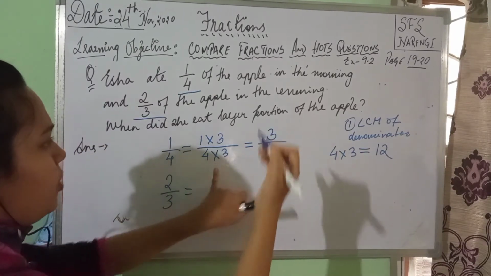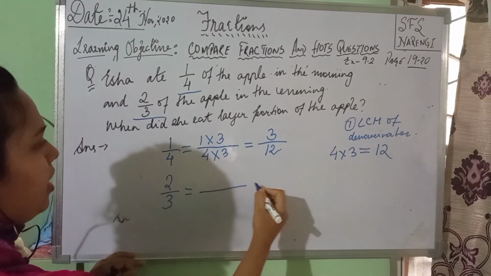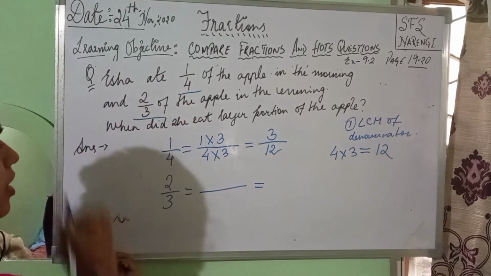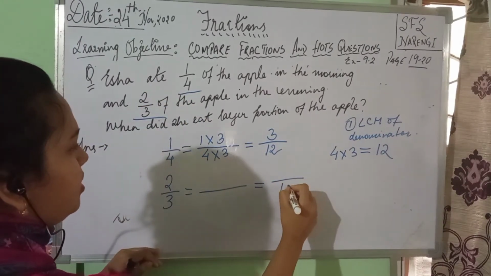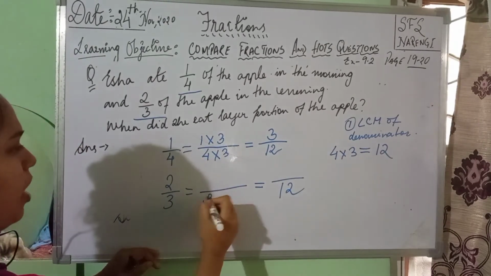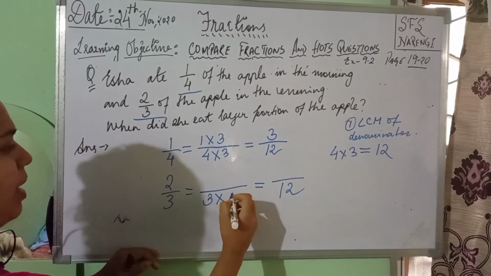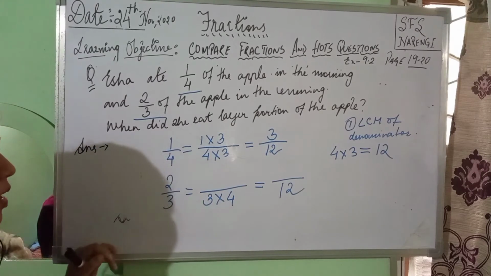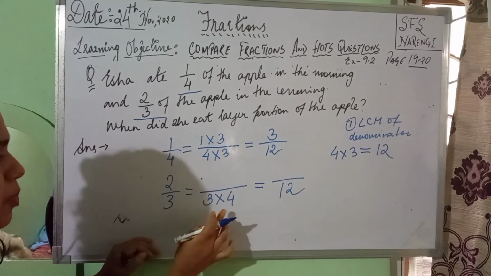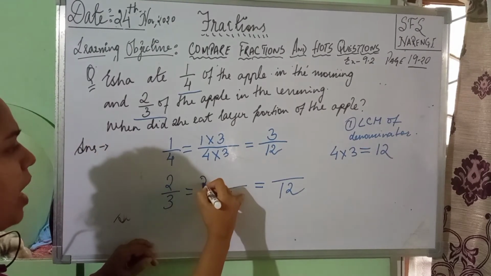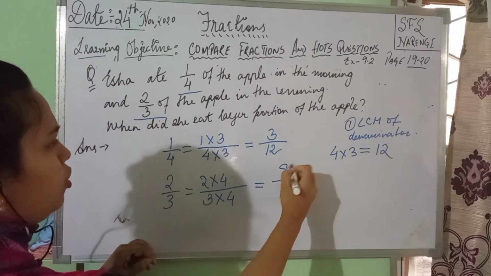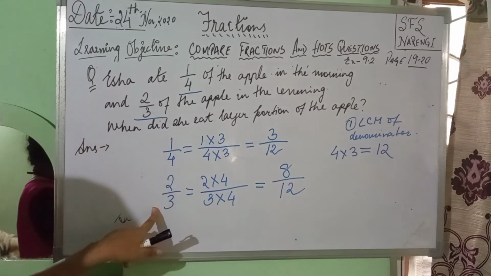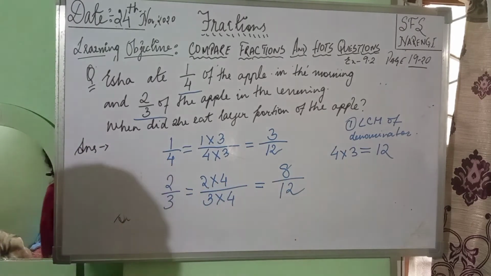What do I get? 3/12. Similarly, for 2/3, I have to write it in such a way that the denominator is 12. 3 multiplied by 4 is 12. So since I am multiplying the denominator by 4, I will also multiply the numerator by 4. So 2/3 can also be written as 8/12.